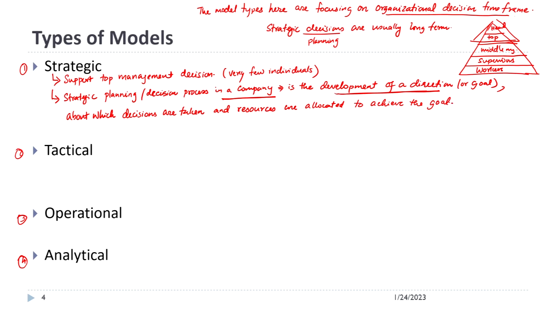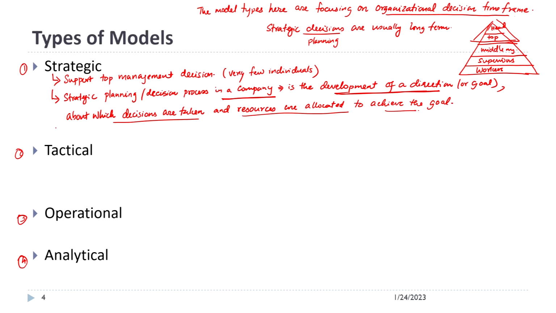Okay. So, what we are doing here is you first develop a direction, then decisions are taken about that direction, and then resources are allocated. So, why are you allocating the resources? So that you can achieve that goal or you can move towards that decision.